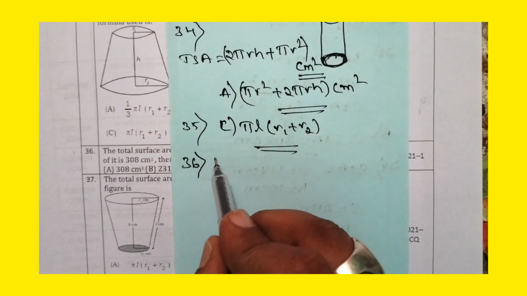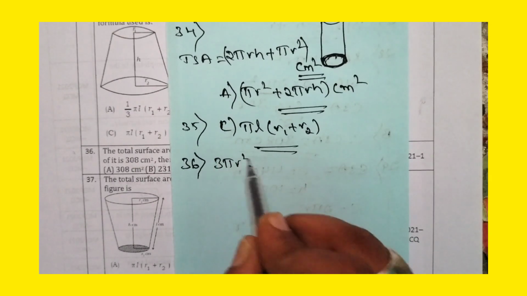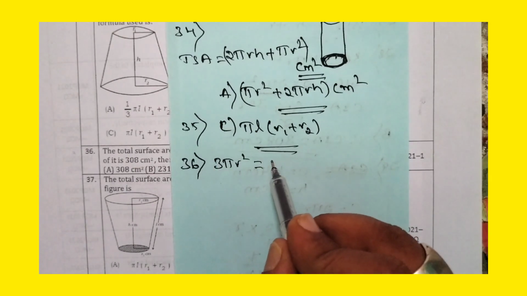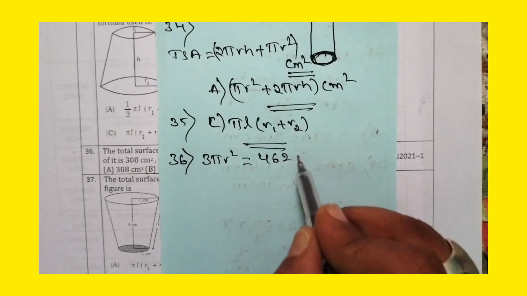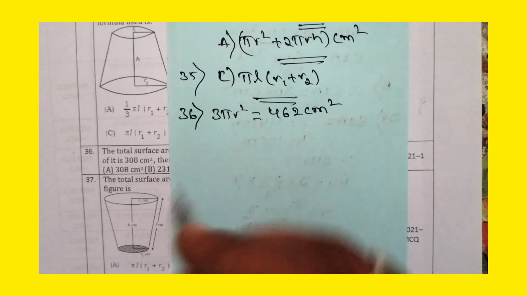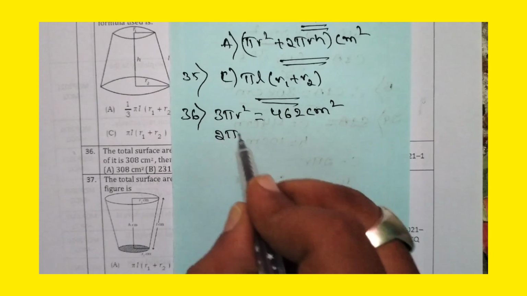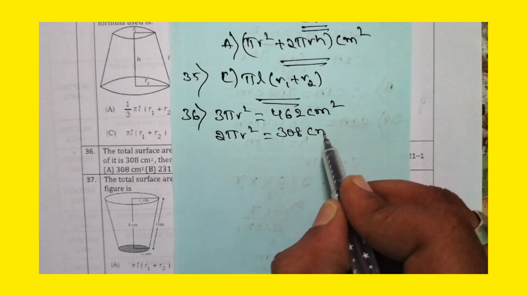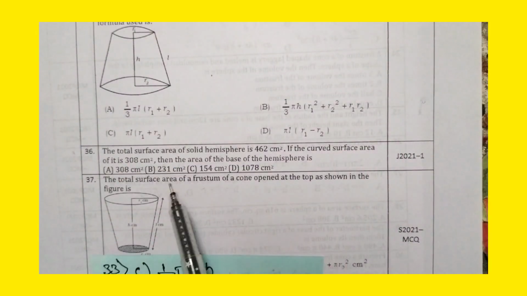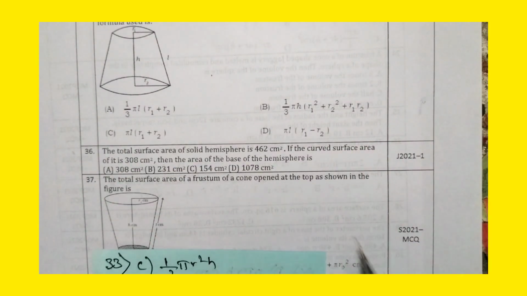So in 36th question, the total surface area of a solid hemisphere. So total surface means 3 pi r square is equal to how much they have given, 462 centimeter square anta kottiddane. If the curved surface area, curved surface area andre 2 pi r square kottidane, which is equal to 308 centimeter square. Now we have to find out then the area of the base of the hemisphere.